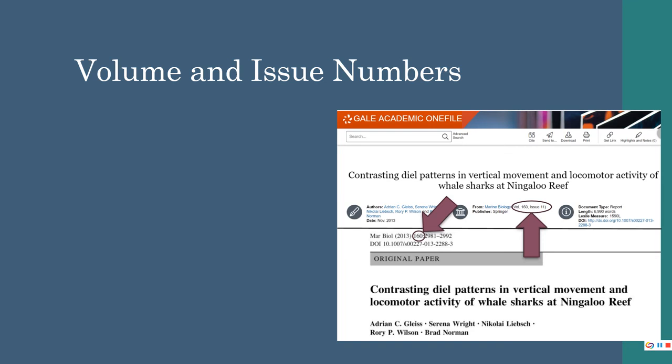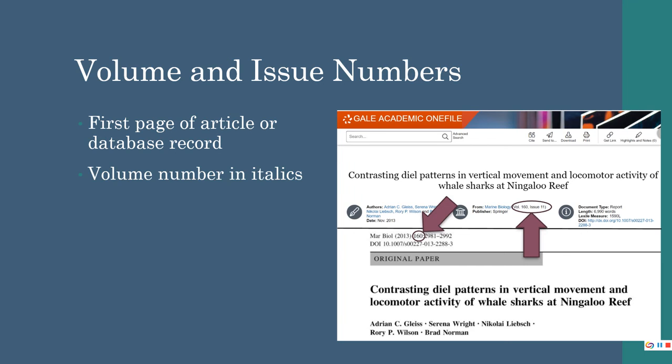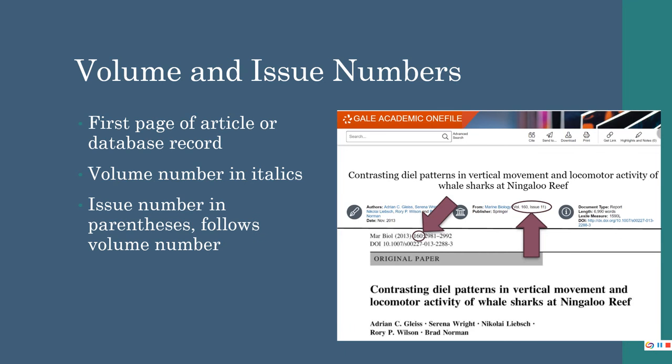Following the journal title, we have the volume and issue numbers. Like the journal title, they are generally located on the first page of the article, but you may sometimes have to look in the database record, especially for the issue number. The volume number is written in italics, and the issue number is enclosed in parentheses directly following the volume number with no space.